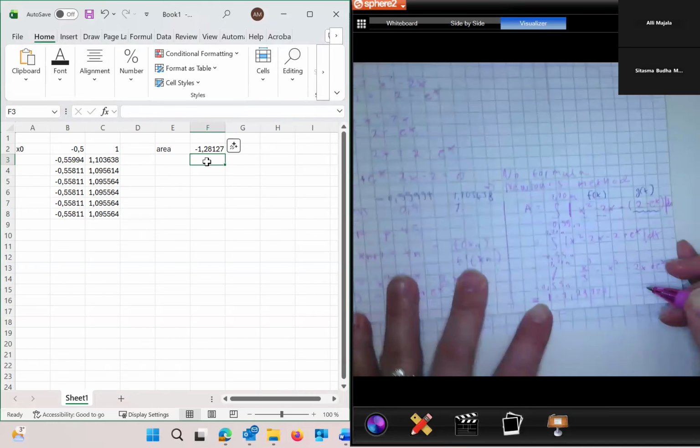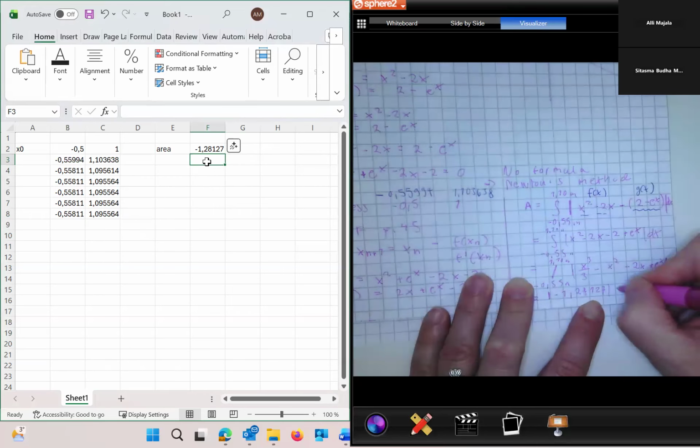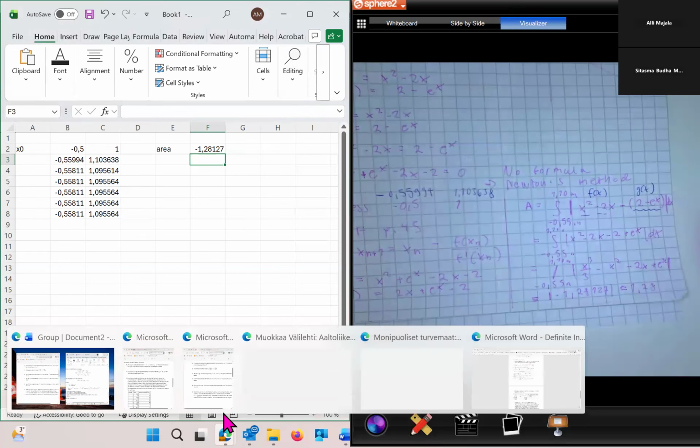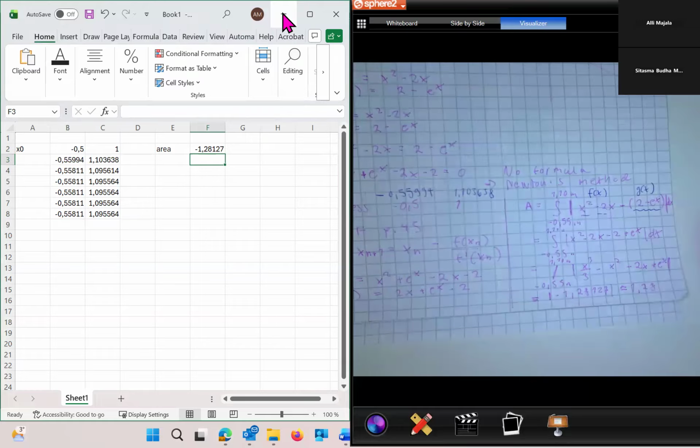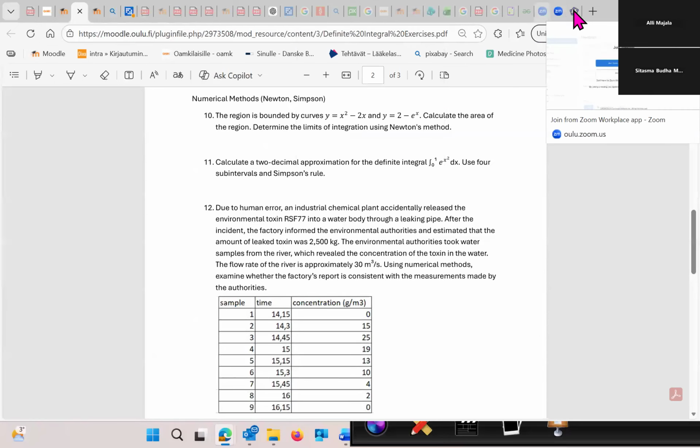And then I just kill the minus. And maybe round it a bit, 1.28. And that's it. And then I can compare it with what I did with the GeoGebra.